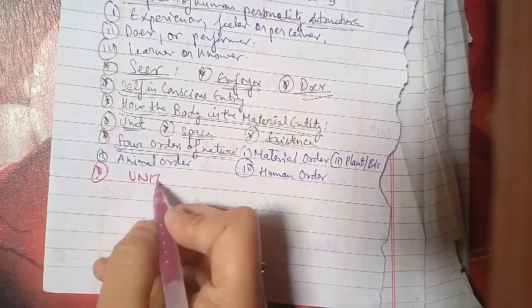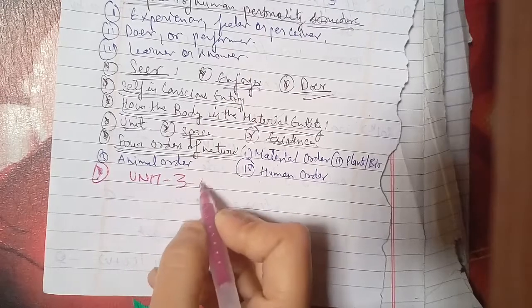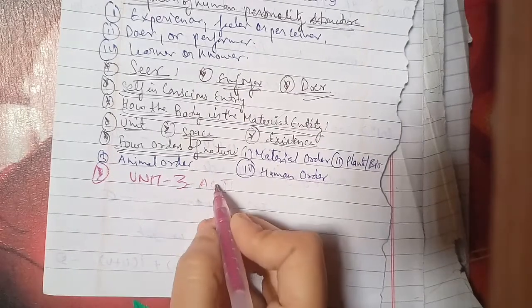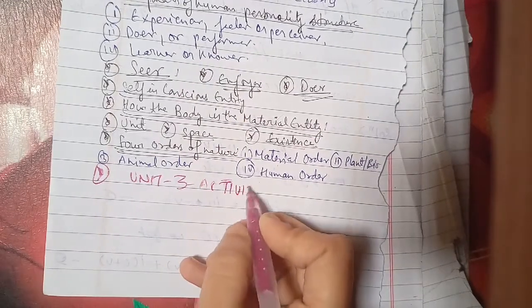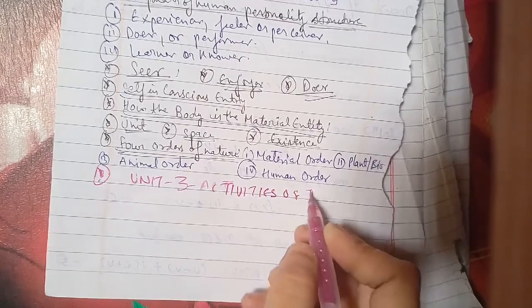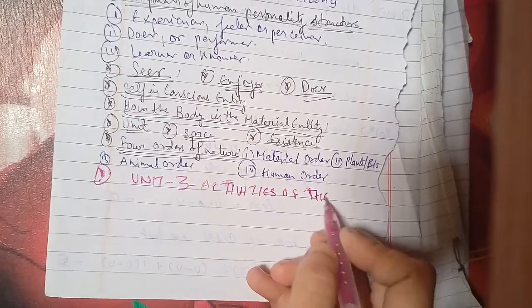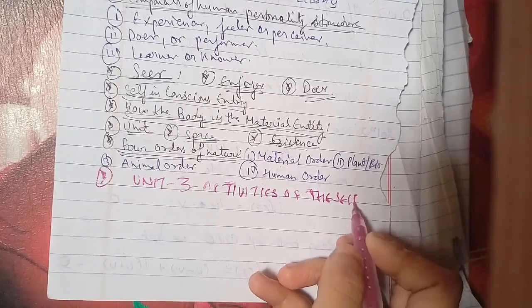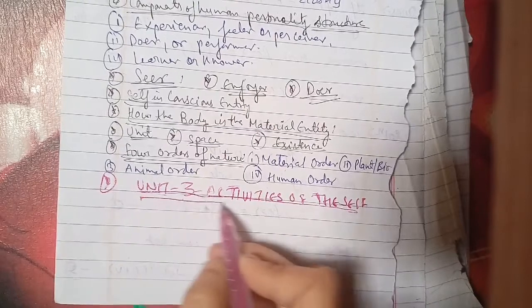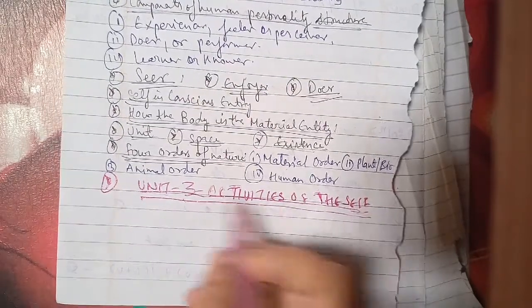Unit third, which is the activities of the cell. That is the unit name for which we have to ask the 2-mark possible questions here as well.